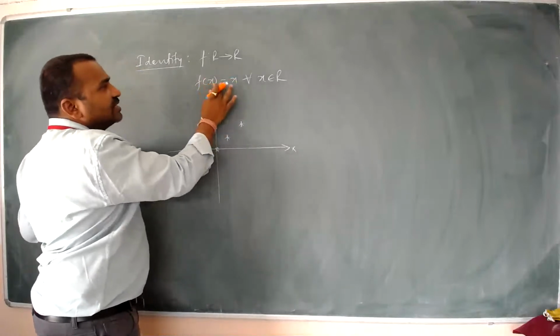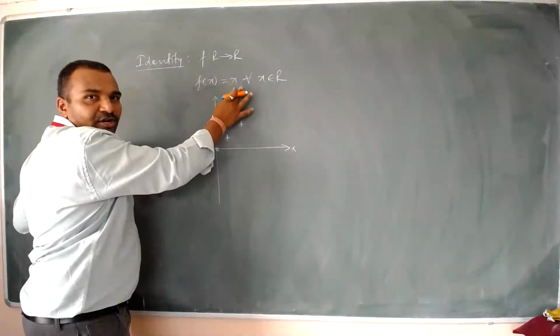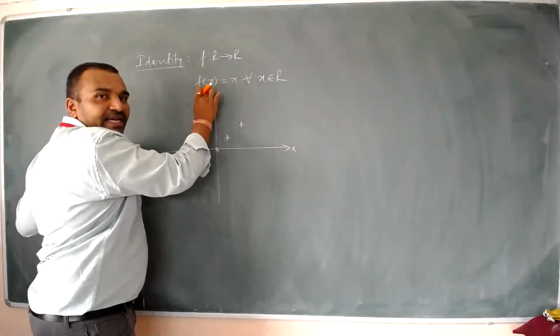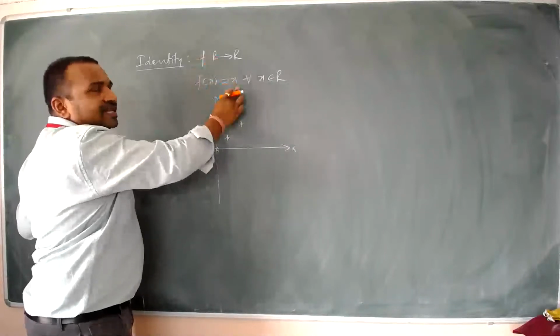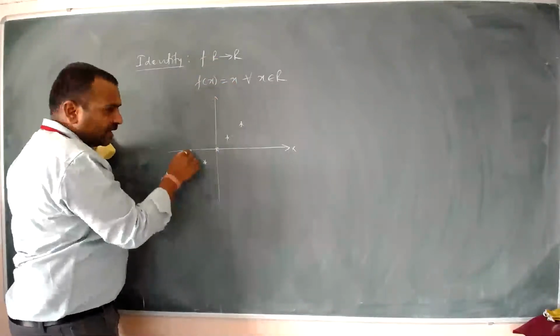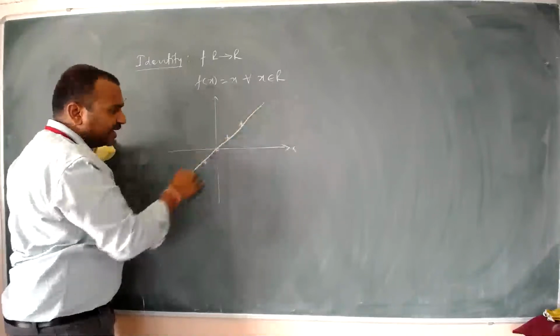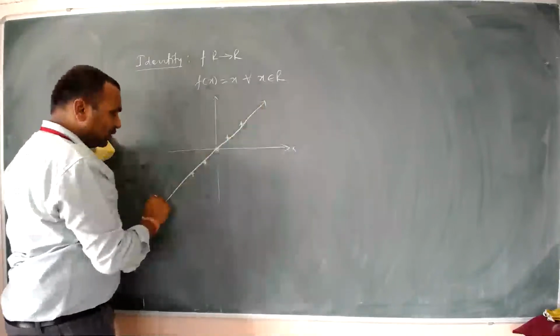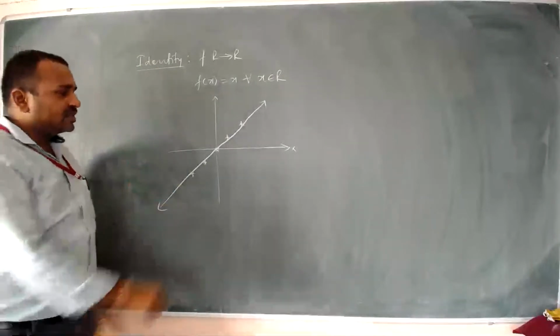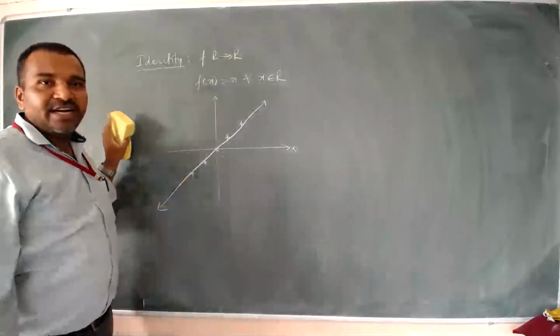If I take x value minus 1, the answer is minus 1. F of x equal to x means whatever real number you take, the result is the same real number. Taking minus 2, the answer is minus 2. So the graph is a straight line passing through the origin. This is the graph of the identity function.